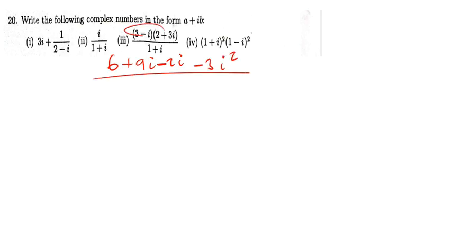So 3 times 2 is 6. 3 times 3 is 9. Then negative I times 2 is negative 2I. That is going to be 3I squared. Who is behind on how to expand this part? The top part.